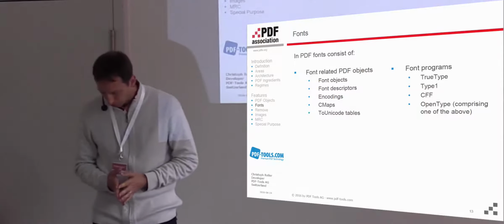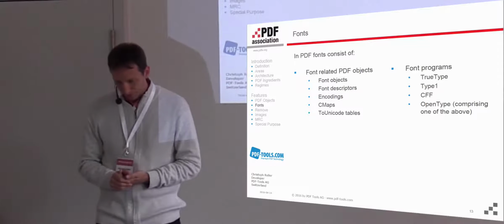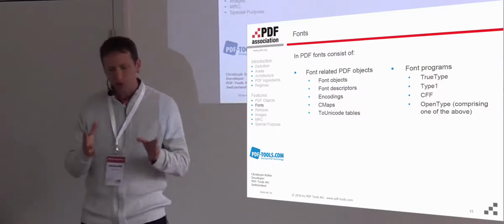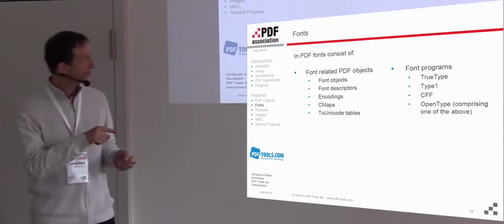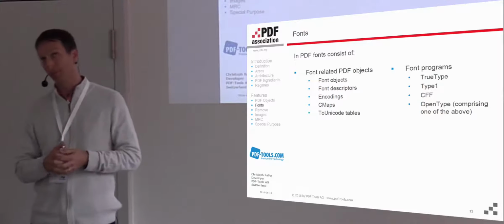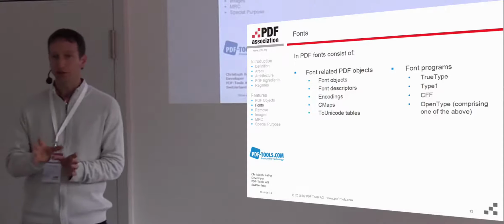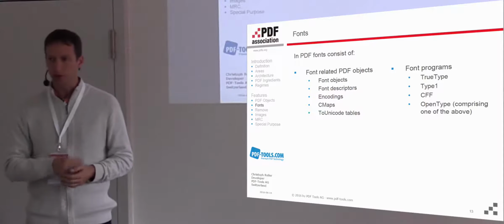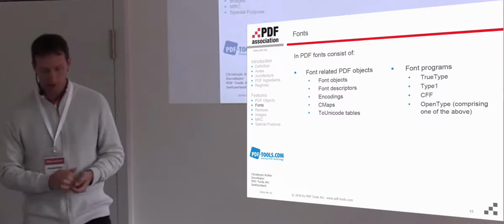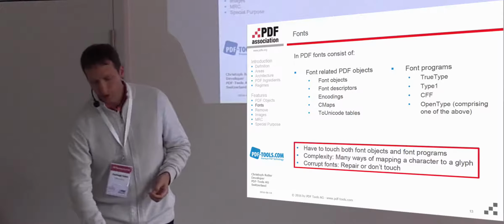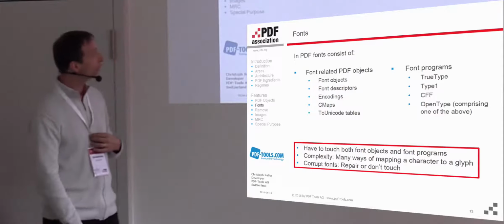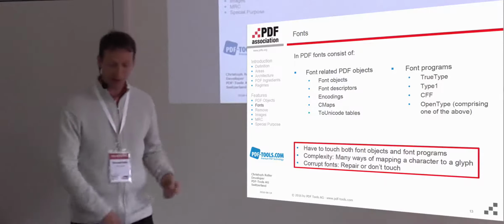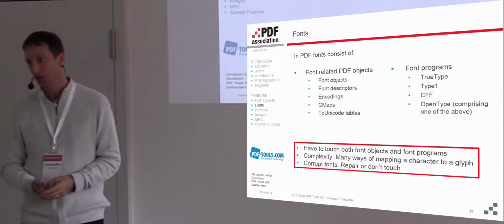Now, it becomes very quickly clear that the thing I was talking about before, optimizing redundant objects, does not work with these complicated structures. So, if we want to optimize fonts, we have to look at all of those objects.